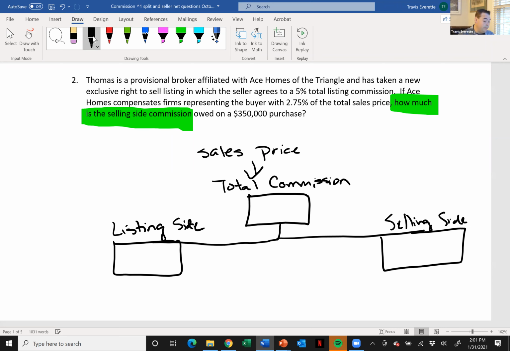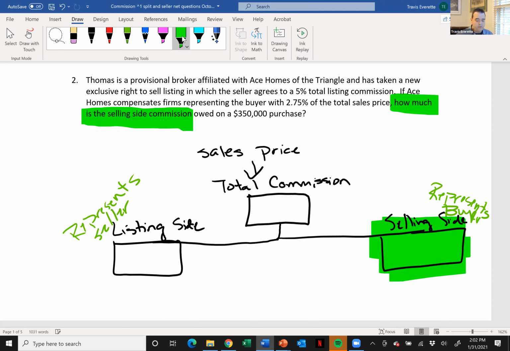Just as a reminder, the listing side represents the seller. The selling side represents the buyer, over there. And they want to know how much is the selling side commission. That's what the question asks for, so I'm going to circle that for myself.